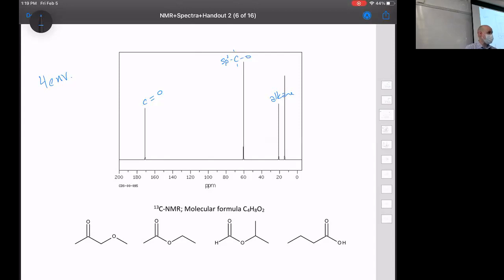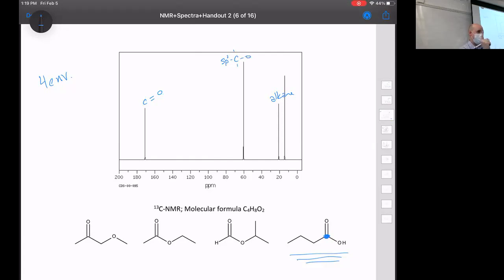So to be a little bit more clear on that, if this molecule right here were our answer, which it is not, sorry, you only have 3 to choose from. This carbon right here, which is the carbon of a carboxylic acid, is only 1 carbon. So how many peaks should it give you? It's only 1 carbon.